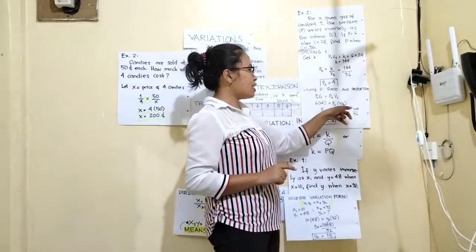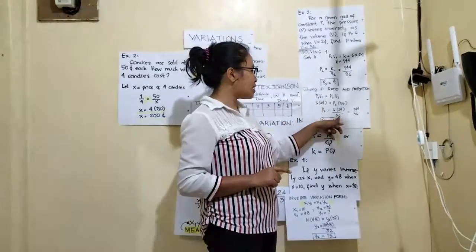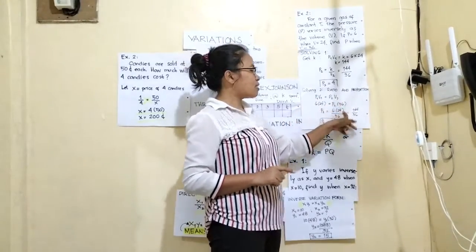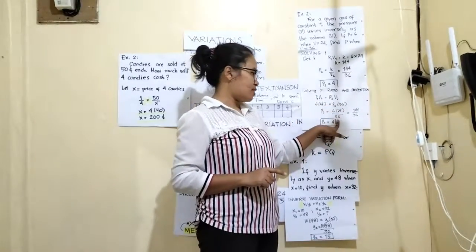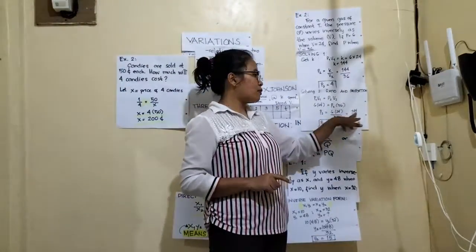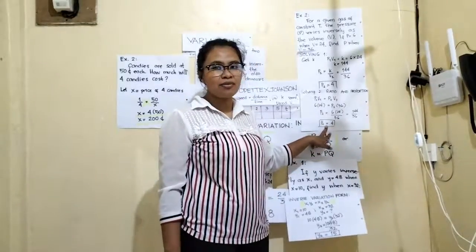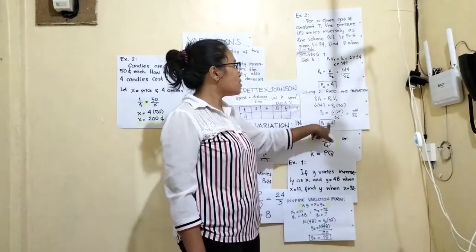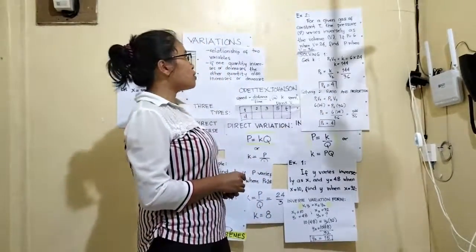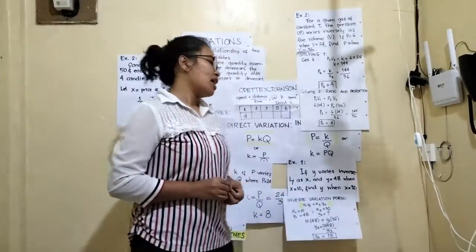By dividing to the other side of the equation, we have 6 times 24 divided by 36. We know that 6 times 24 is equal to 144. Then we divide it by 36, and we have the answer 4, which is also the same as from the first equation. So that is how we solve inverse variations.